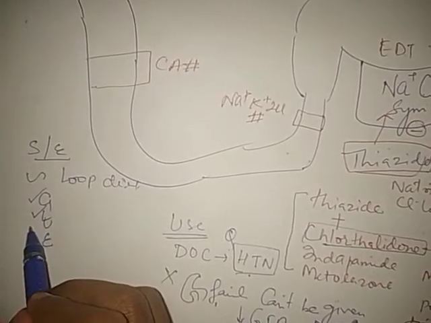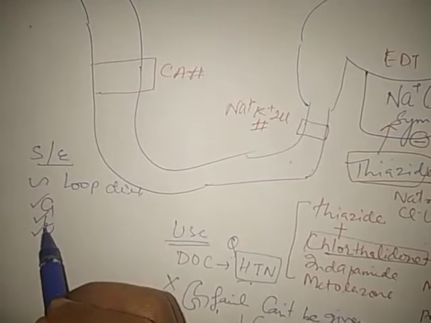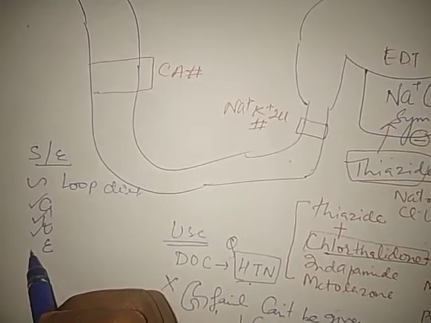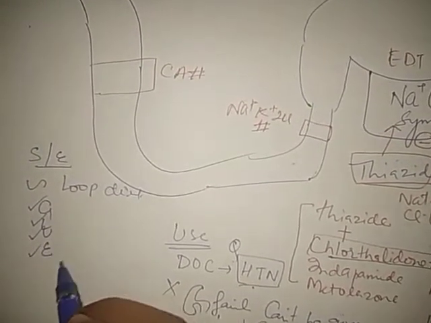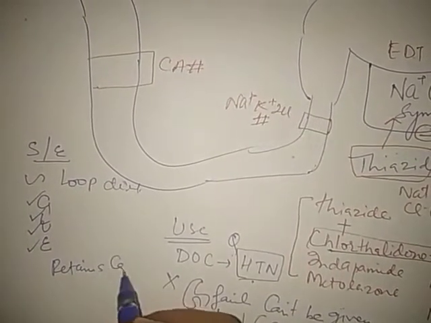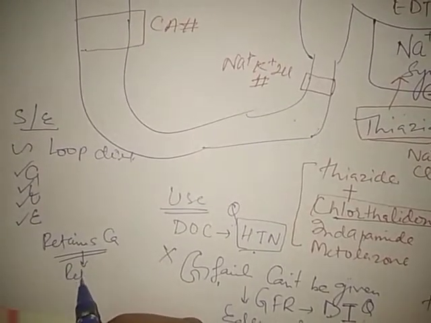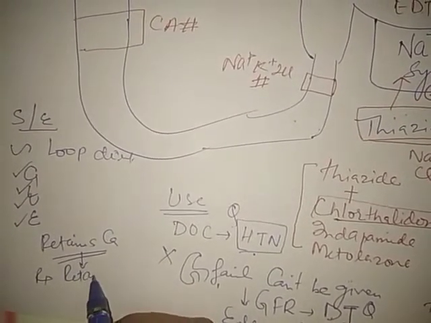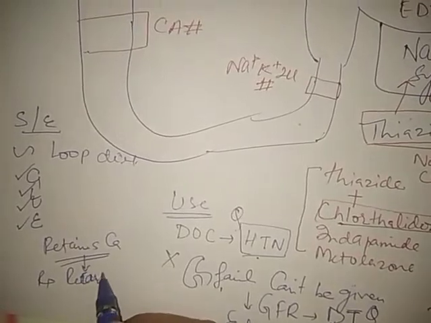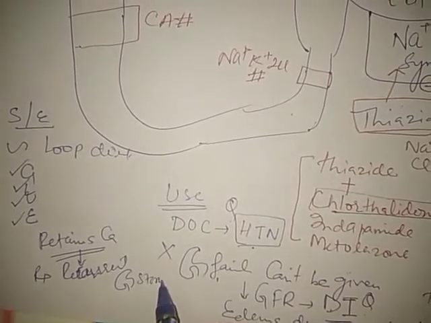It can cause hyperuricemia, so it is not to be used in gout patients. It decreases all the electrolytes, but it retains the calcium, so it is used for recurrent kidney stones. You can use thiazide diuretics for the treatment of recurrent kidney stones.